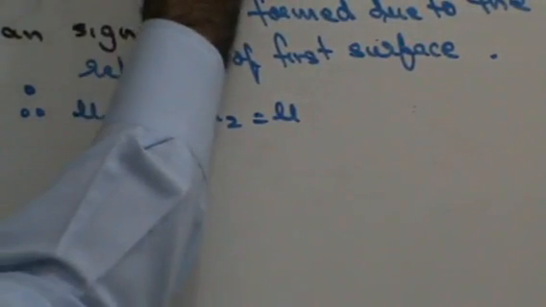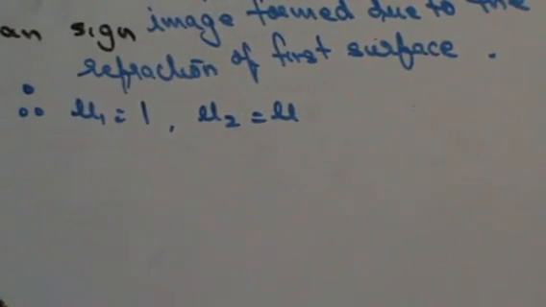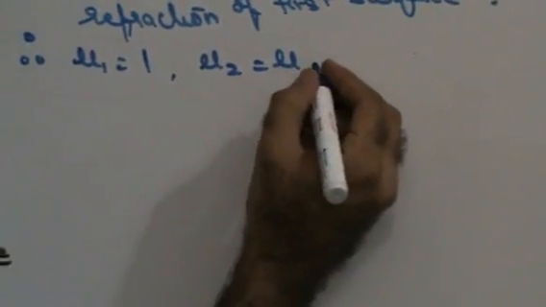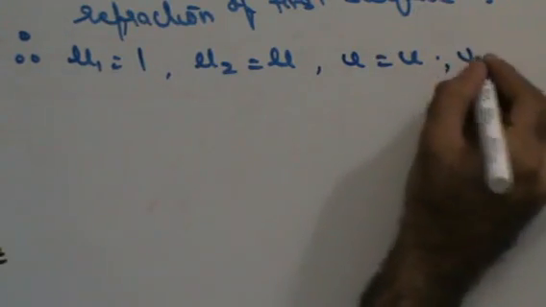Let's assume that this distance, guys, is u, and where the first image is formed, let us assume that distance is, say, v bar.